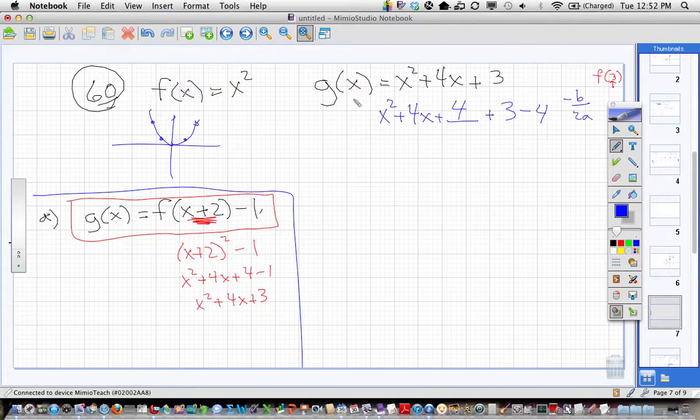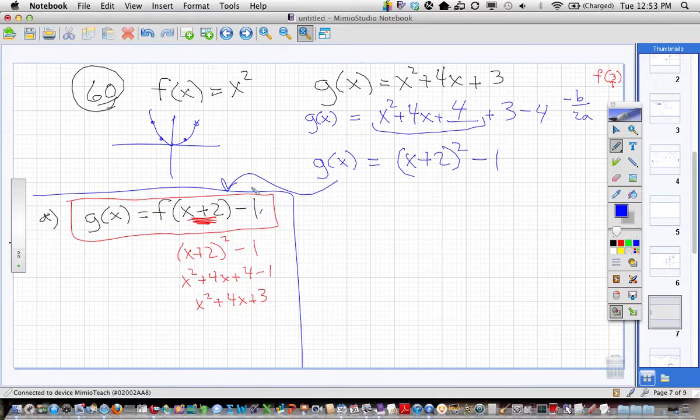We could add 4 to the other side, but I don't want to do that because that's my g of x side. So I'll add 4 to that side, but then I'll take away 4 to offset it. Now these three right here make what? X plus 2 quantity squared. And then 3 minus 4 is minus 1. And sure enough, that's what we got right there.